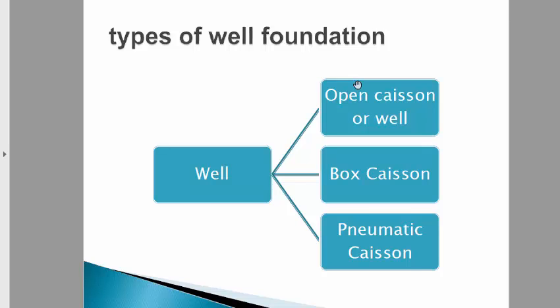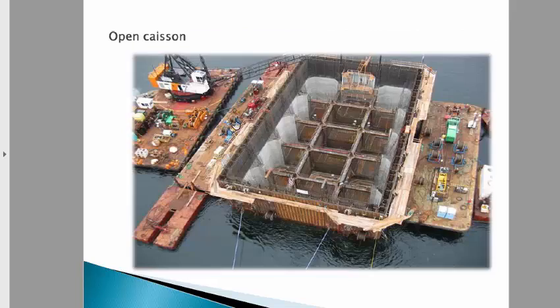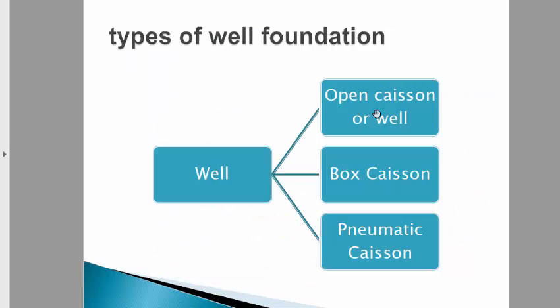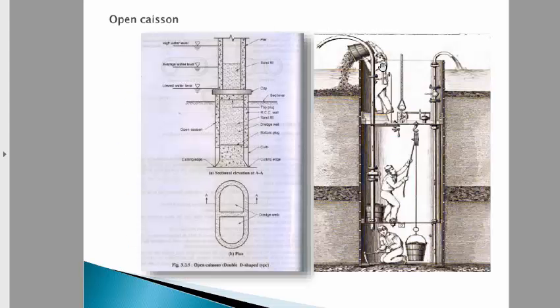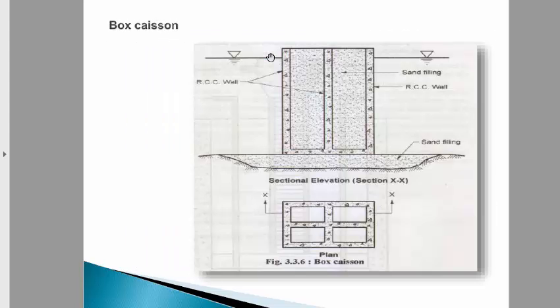Last time we discussed the open Caisson well; this is an example of it. Next is the box Caisson well, where the bottom of the well is closed and the top is open during construction. And the third one, the pneumatic, is closed at both top and bottom. In the last class we discussed the open Caisson, and these are examples of it. This is the box Caisson.